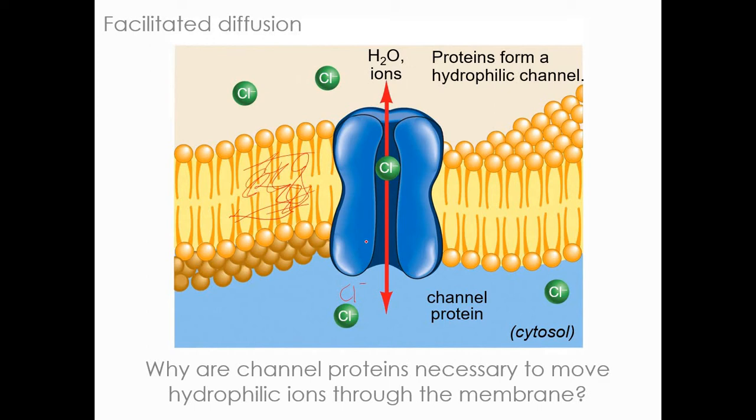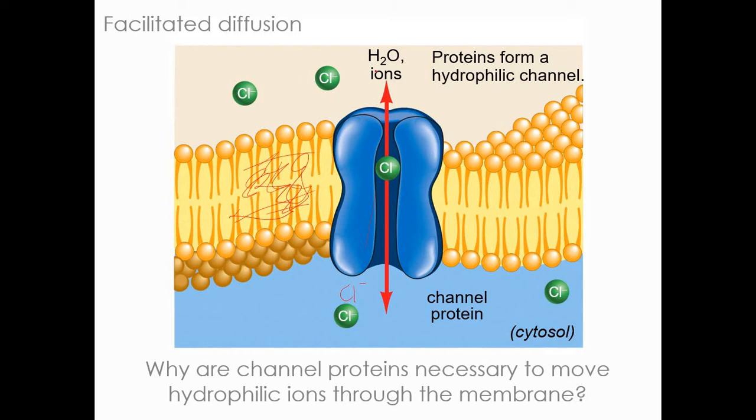So because it's not able to pass through this lipid bilayer, then it needs a channel to go inside or go outside of the cell. So that channel is the protein. This is what you call the channel protein or the transport protein.